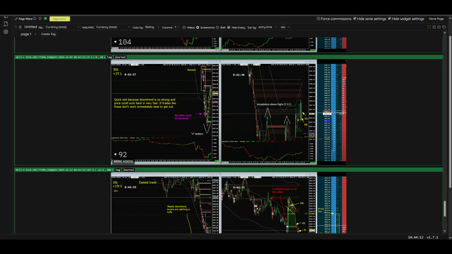Wave favor too. Look, the wave favor, 18 trades at $5,000. So when the 30-second chart has that wave favor, that's interesting as well.